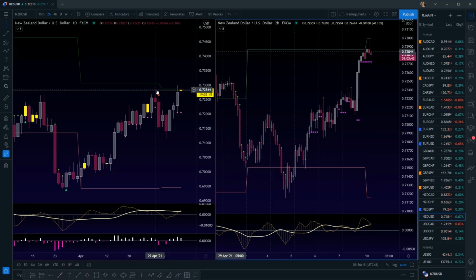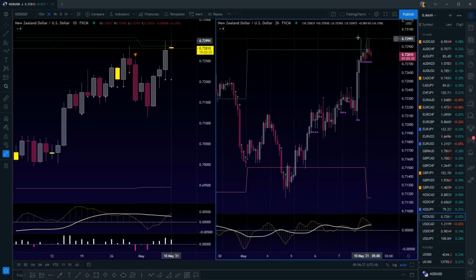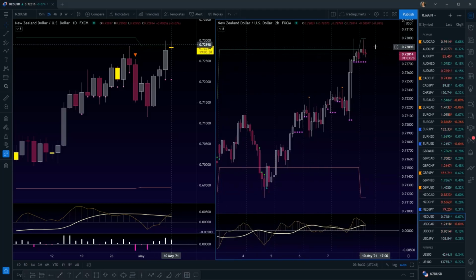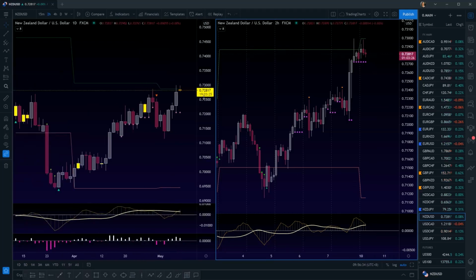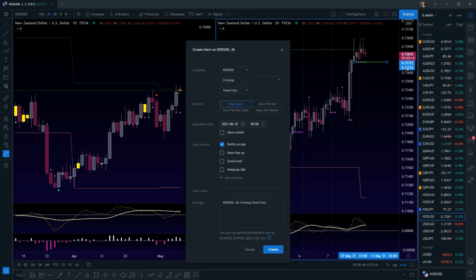New Zealand dollar. Similarly, hitting previous month high, didn't close above it. You can see double top. I would consider this, but I want to make sure we break this level because this is the level of interest.